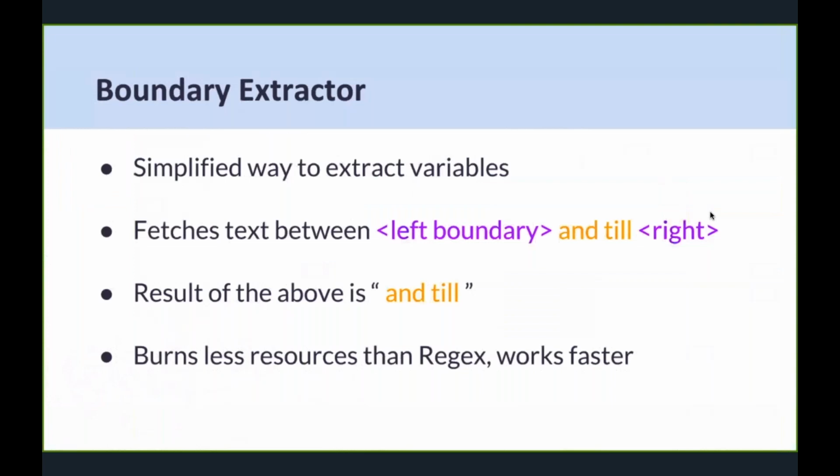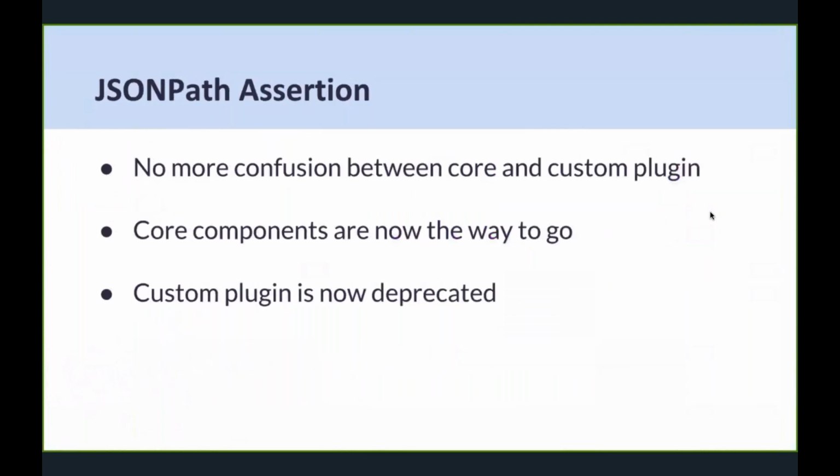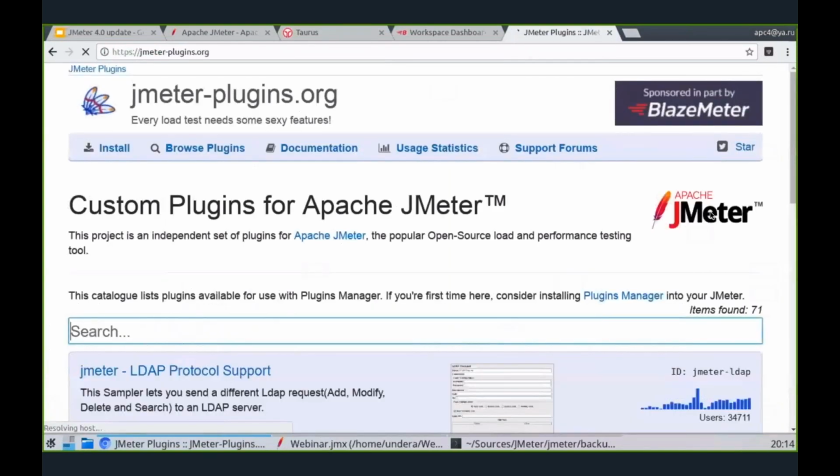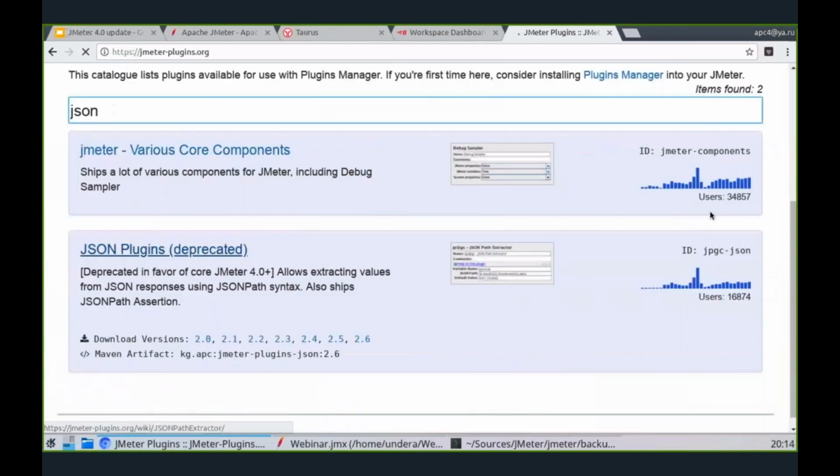Next thing is JSON path assertion, which has its own story. Now, JSON path assertion has been moved from third-party plugins into JMeter core component. Historically, there were JSON path extractor and assertion in third-party plugins. Let's see the JMeter plugins website. So it was here historically.